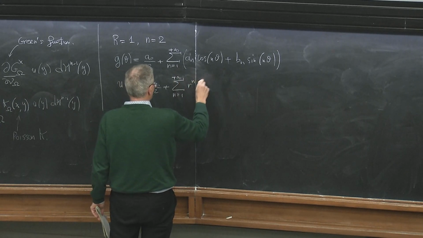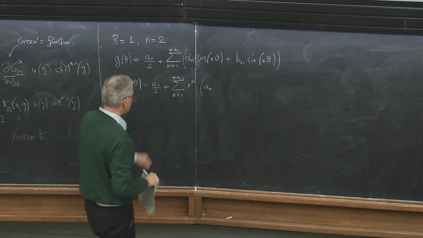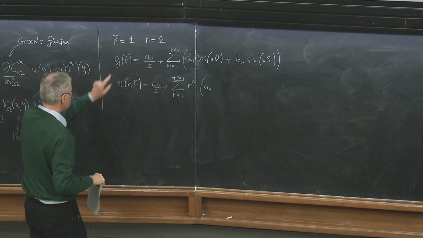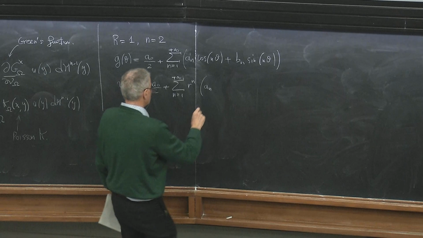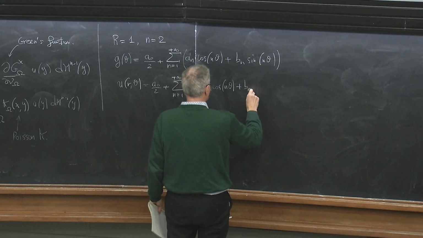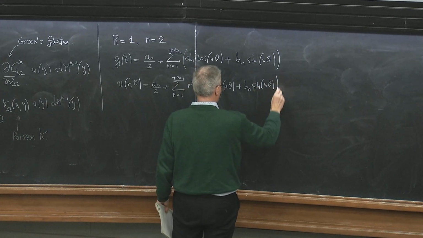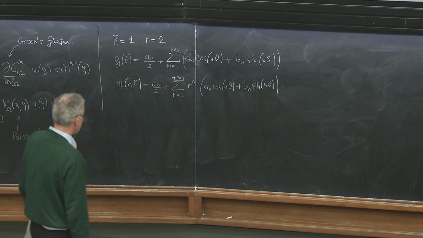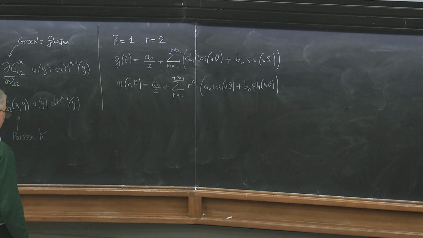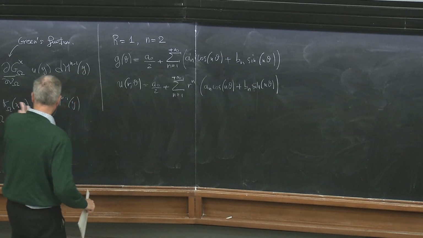We checked more or less that this was a harmonic function inside, keeping this boundary condition. So this was the harmonic extension. Now we want to try to write this in this form.